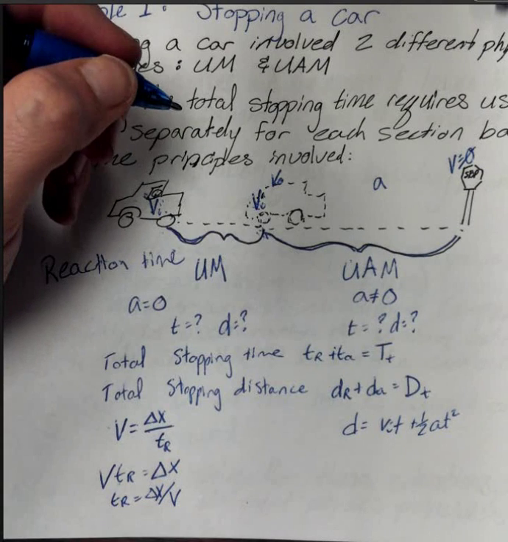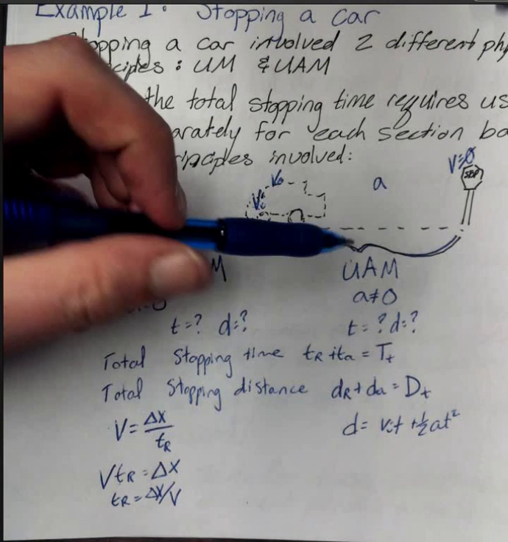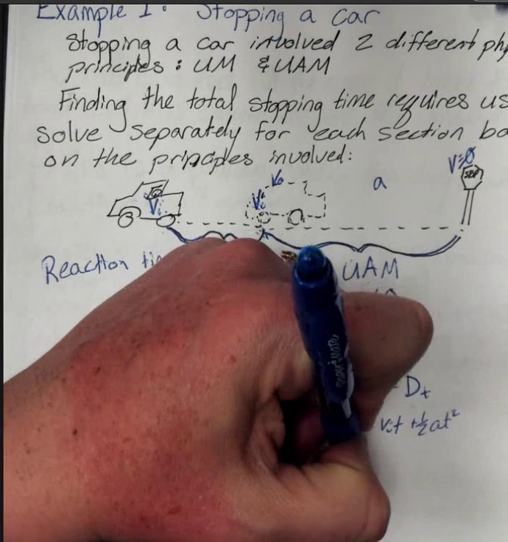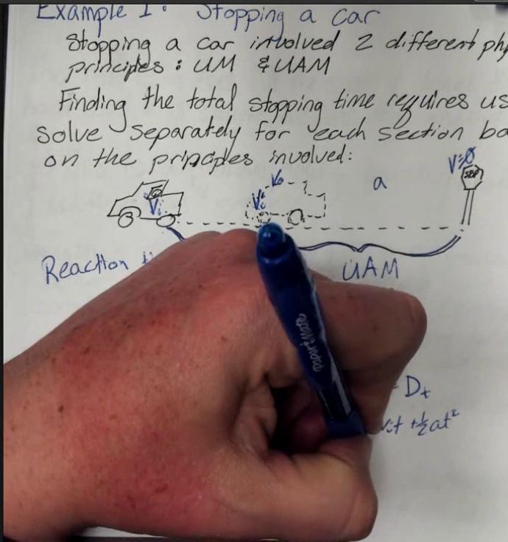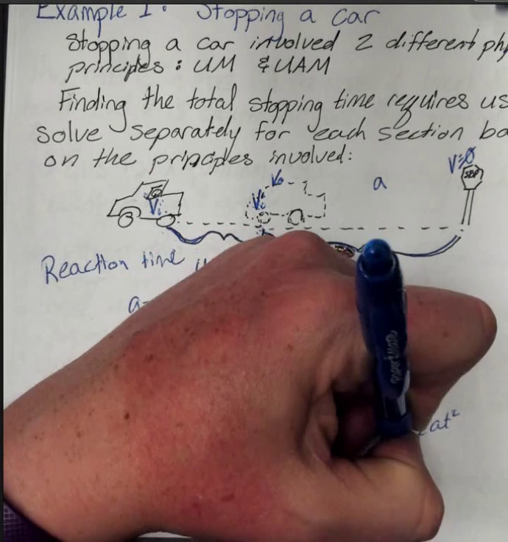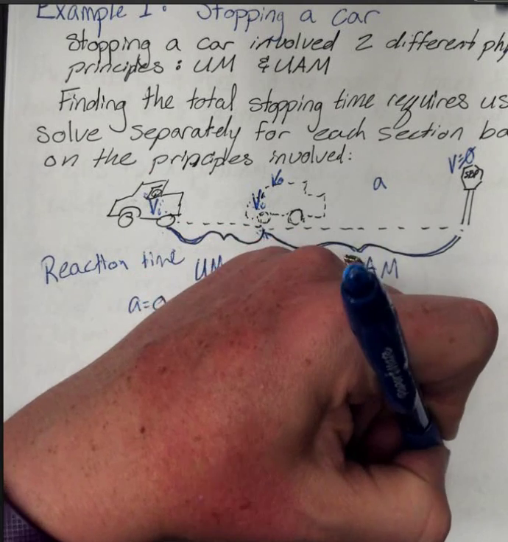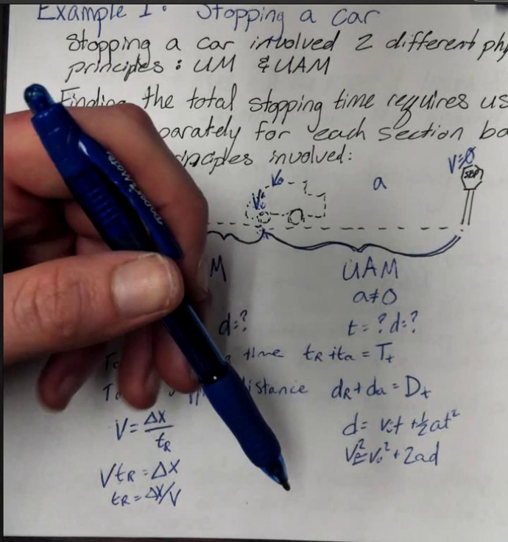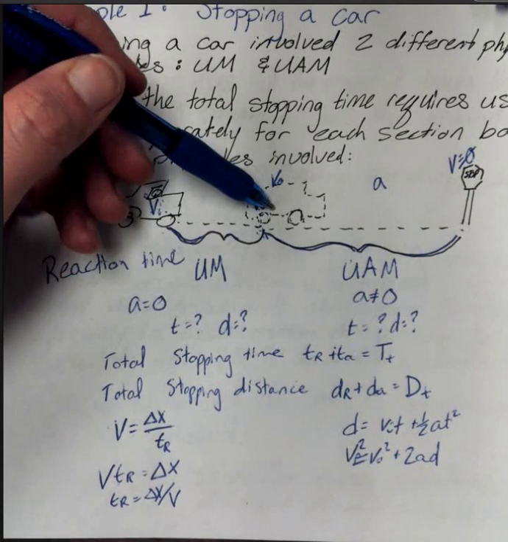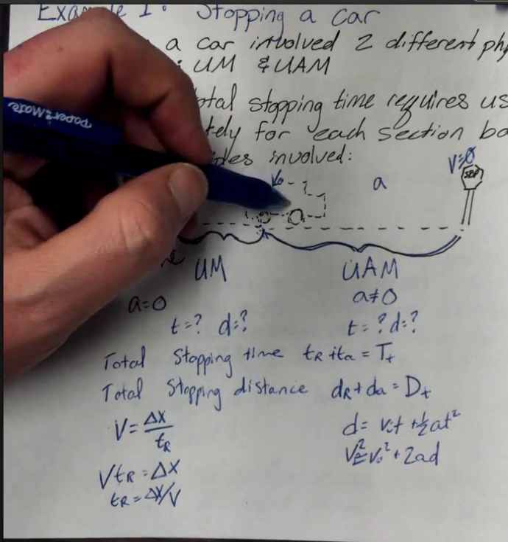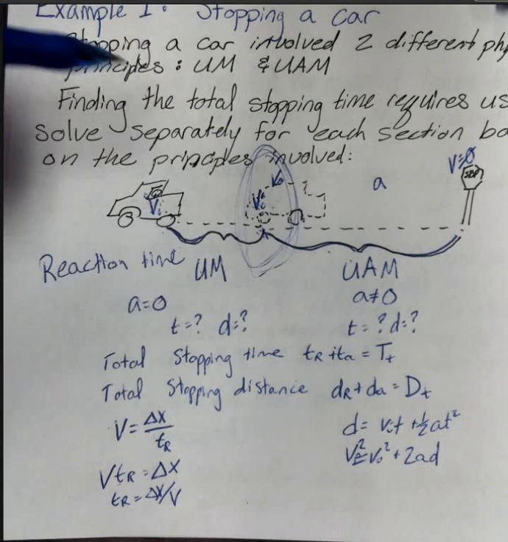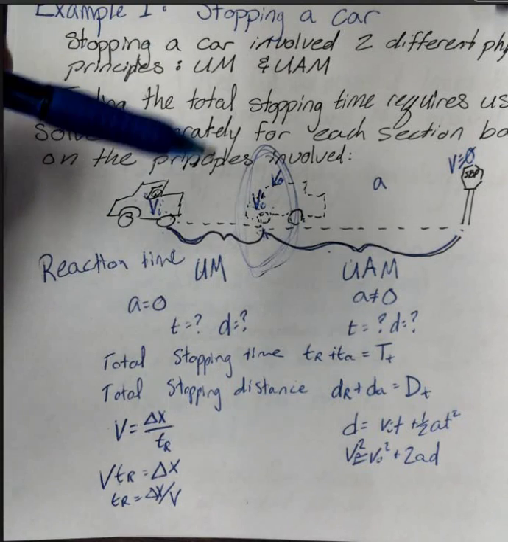you'd either use a kinematic equation where you're finding the relationship between displacement or time, or you could use a relationship between the velocities and the displacement. It's really up to you and what you're solving. But the connection point here is the moment that you switch over from uniform motion to uniform accelerated motion, and then you use your variables.